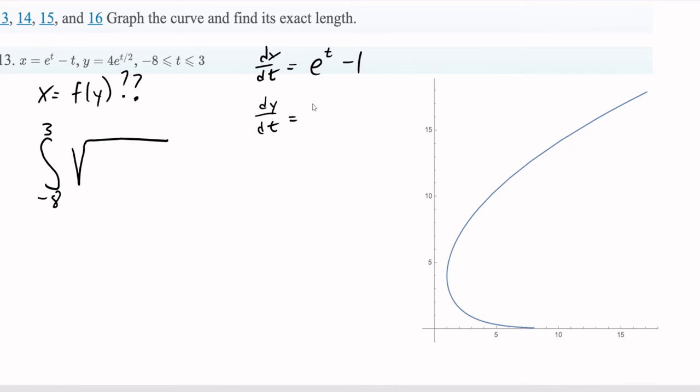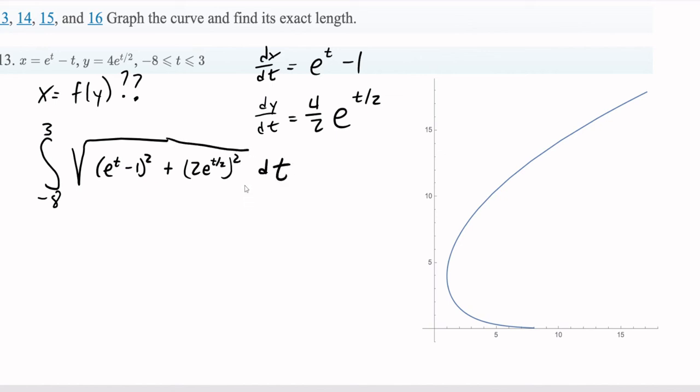This is going to be 4/2 e^(t/2), which is just 2e^(t/2). Okay, so that's (e^t minus 1) squared plus (2e^(t/2)) squared dt. Okie dokie. So let's see what we can do in the algebra here.